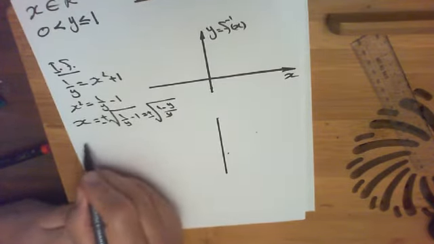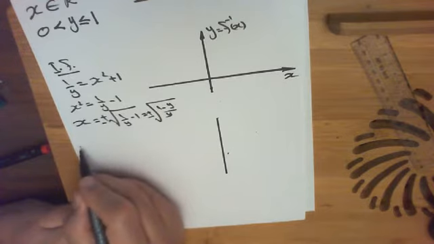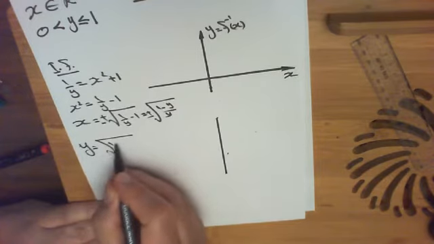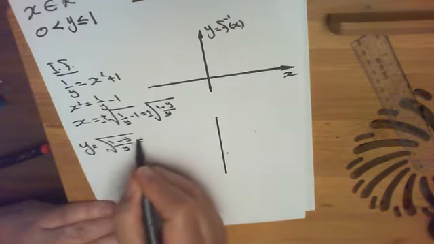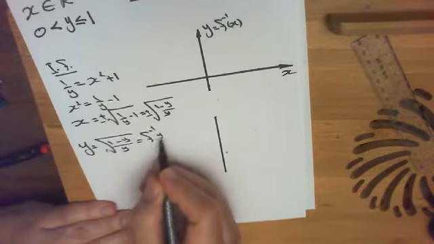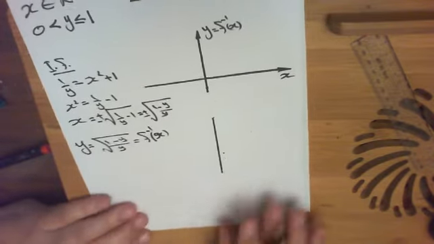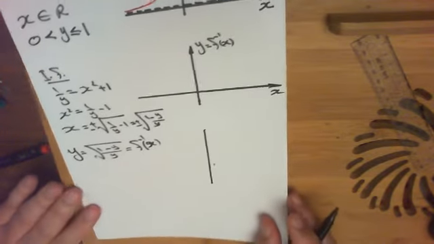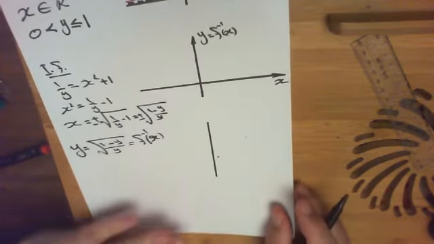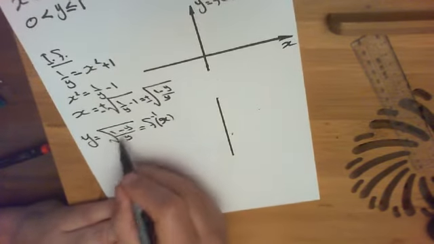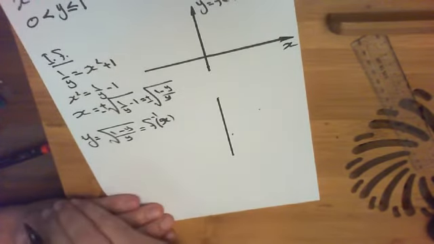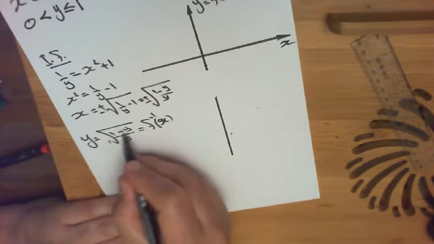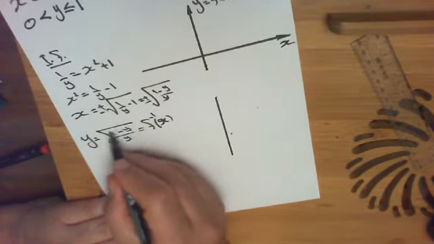So we have, as for the inverse function, y equals square root of (1 minus y) over y. This is f minus 1 of x. Okay, now let us draw this function. As you see, y can never be more than 1. Why? If y is greater than 1, you will have a negative value under the square root.